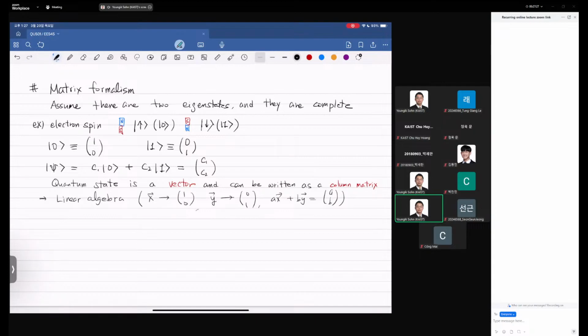And we will learn the operator as a matrix. This is the fun part. Linear transformation. Operators changing a quantum state from one to the other in quantum mechanics is all linear transformation.